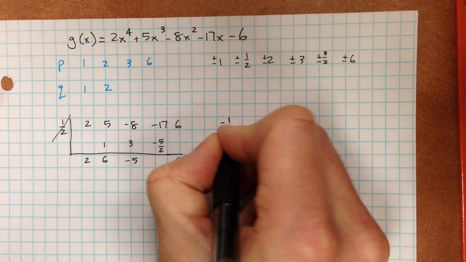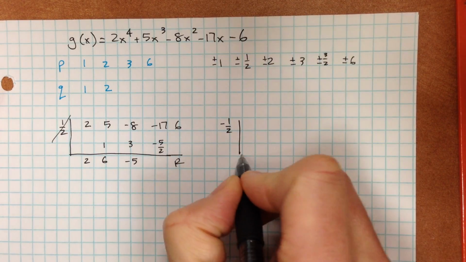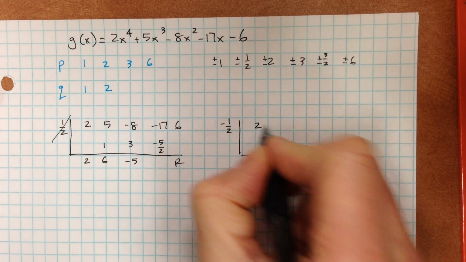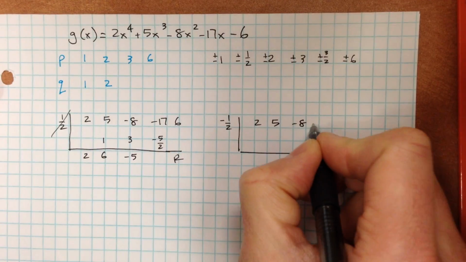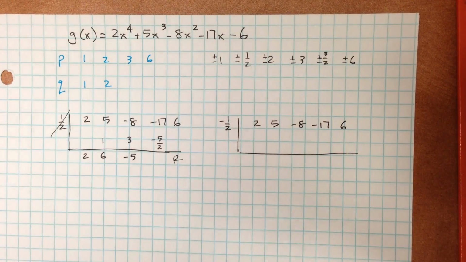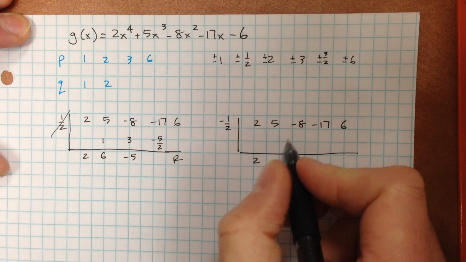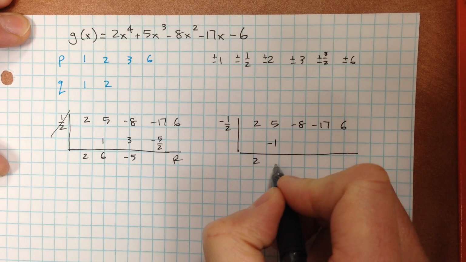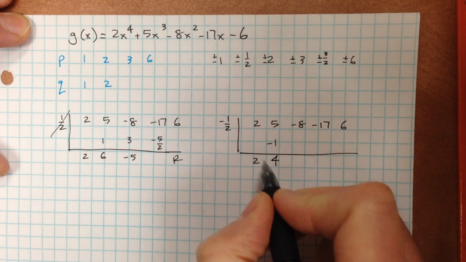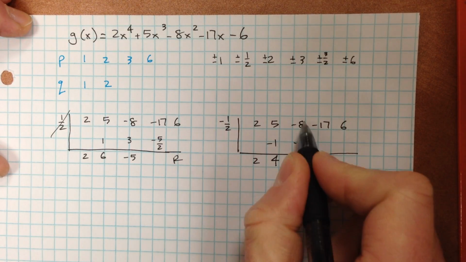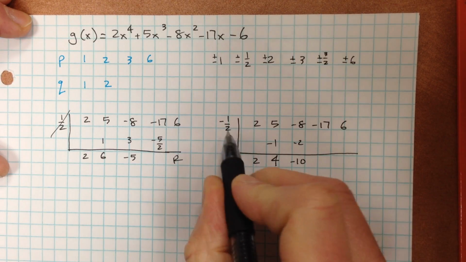We could try a -1/2. 2, 5, -8, -17, and 6. Bring down the 2. -half of 2 would be -1. Add down 4. -half times 4, -2. Add down -10.